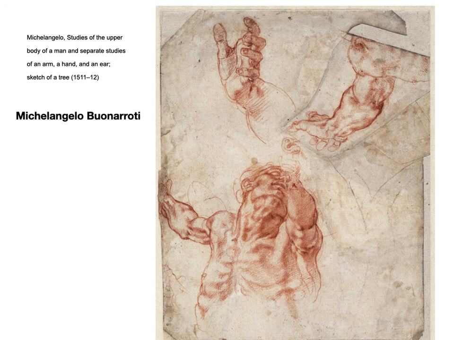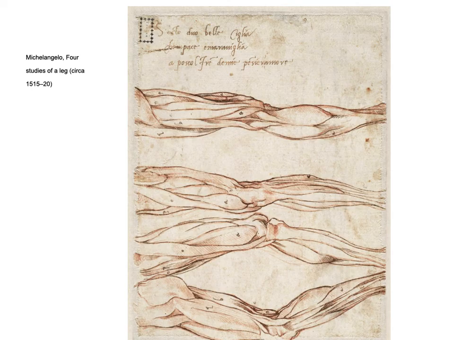Now we are going to have a little look at the magnificent drawings of Michelangelo Buonarroti, and they are studies of the human figure, anatomy, and made in the spirit of trying to understand how to express the human body, but also emotion through the human body as dramatically and as realistically as possible.